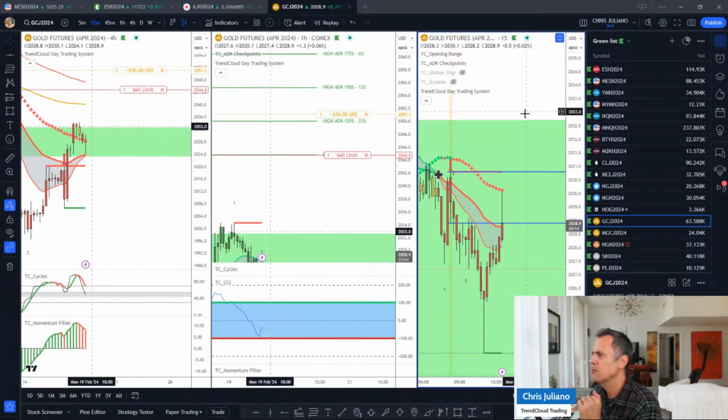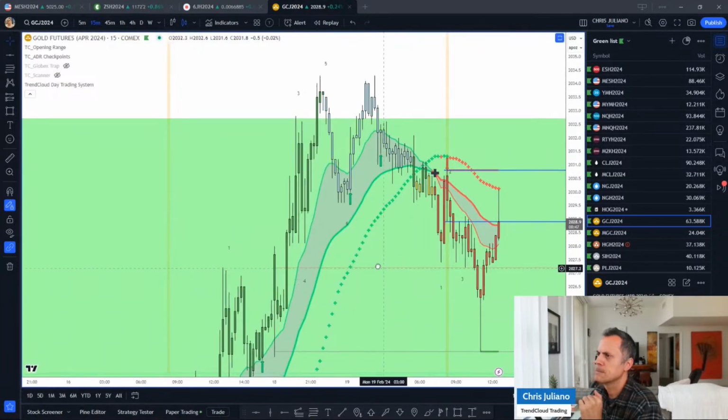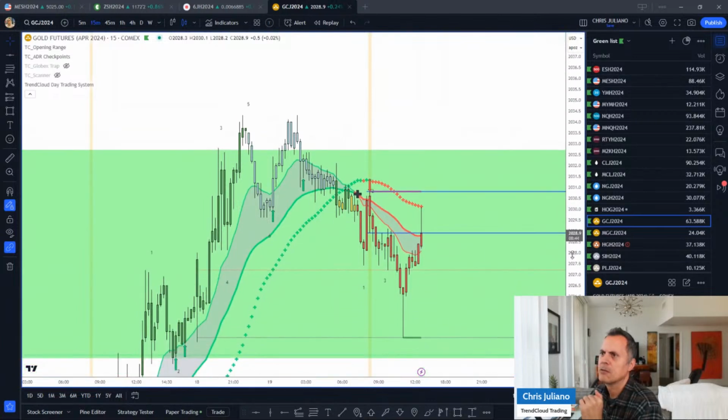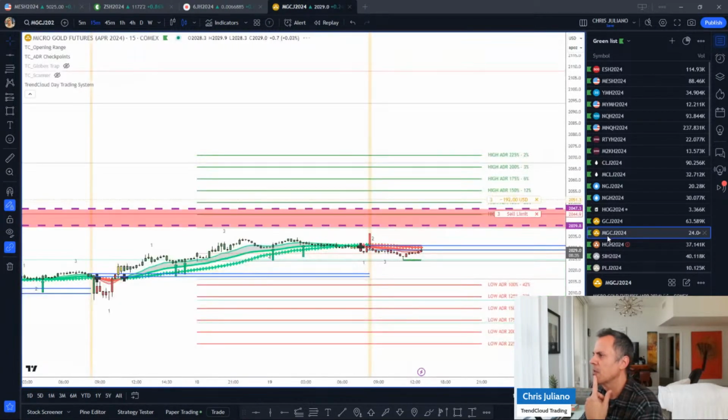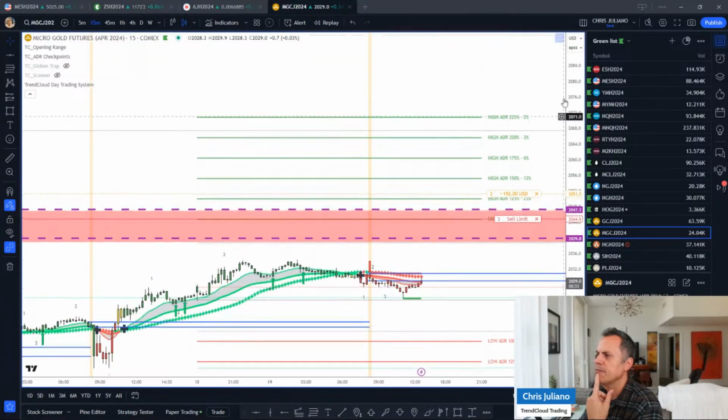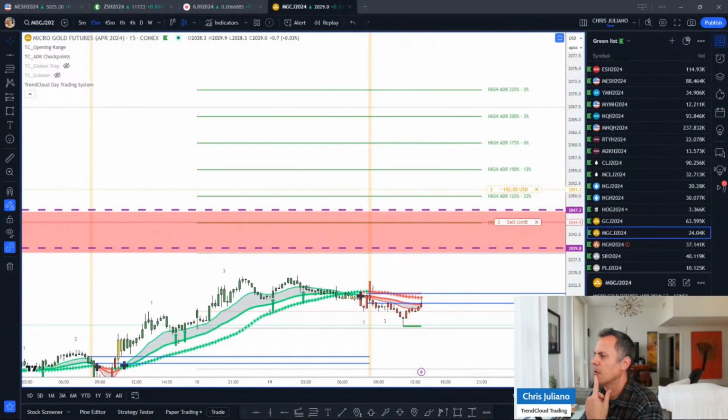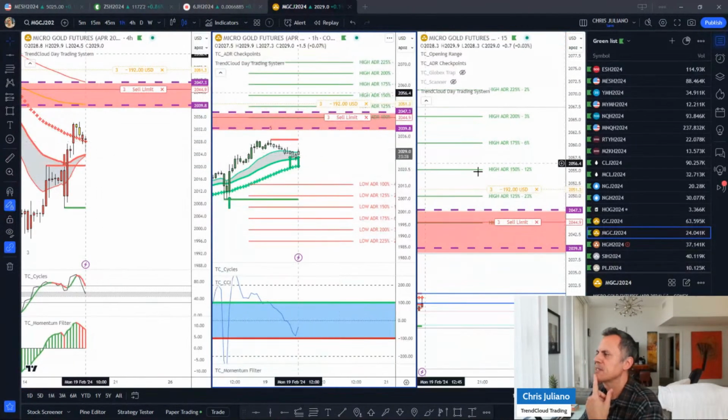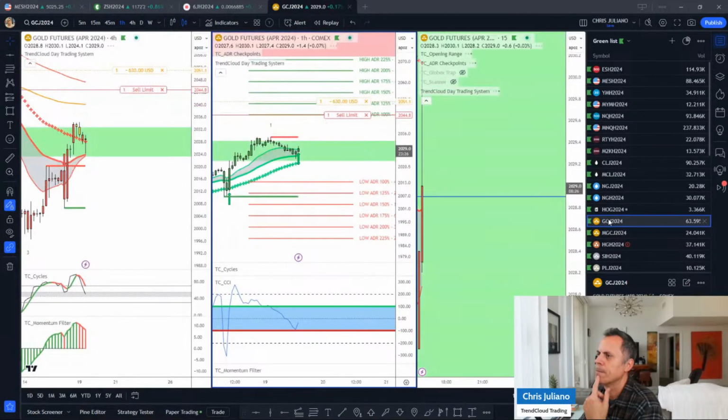Now, on the full contract of gold here, it looks like we've come into that area already on the 15-minute chart. So it's a little different than the micro, isn't it? The extended trend is on the 1 hour. Yeah, look at that. The micro gold is different, guys.